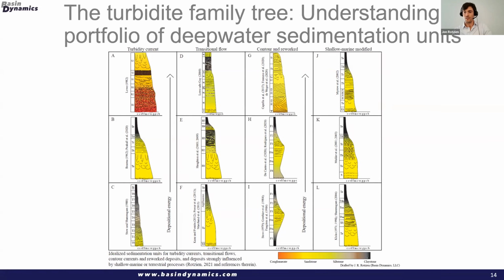The ones that involve matrix strength and fluid turbulence, the hybrid event bed, the argillaceous sandstone bed, and then the slurry flow deposits. And there's a caveat with that one. You really need to read the paper by Lowe and Guy 2000 to understand it in detail. The third column are contour current and reworked deposits. Some of the models by De Castro and de Weger, and the original by Gonthier and Faugères. And then some of these shallow marine modified either by tides or river fed or wave dominated.